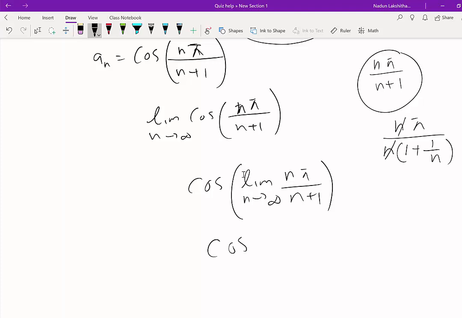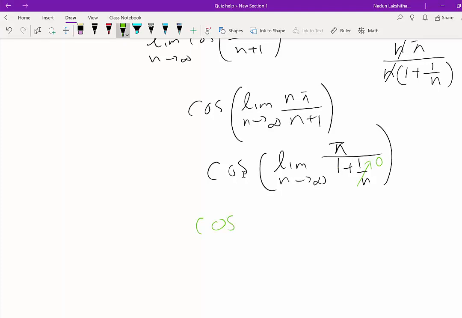So it's actually behaving like pi over 1 plus 1 over n. Now what happens to pi over 1 plus 1 over n when n gets large? We know when n gets large, 1 over n approaches 0, so 1 plus 0 is 1, right?